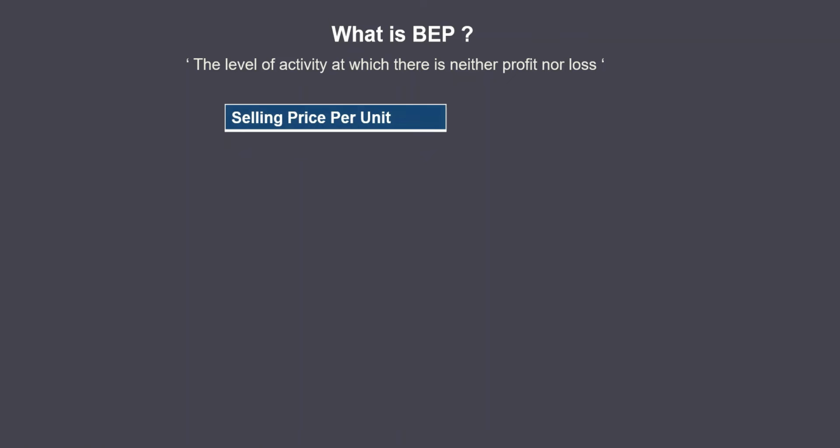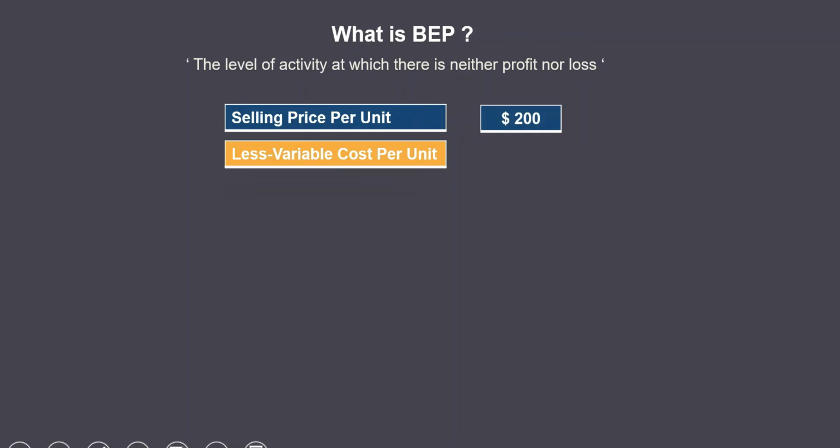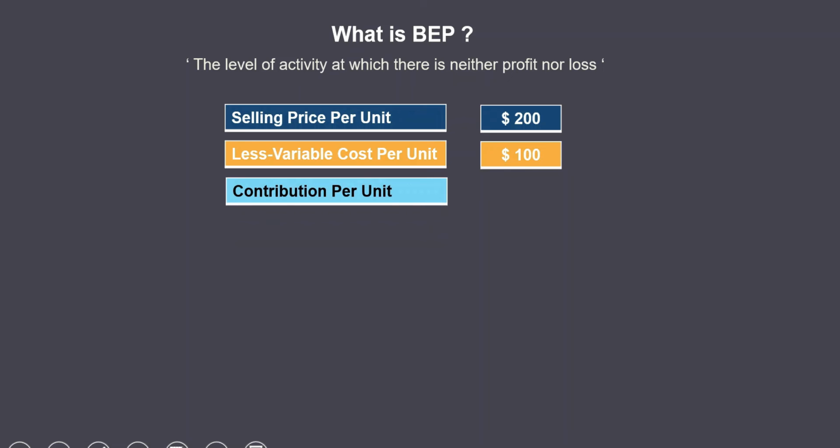Let's say the selling price per unit is $200 and the variable cost of producing that unit is, let's say, $100. So what is the margin or the contribution per unit from producing one unit of that product? It will be $100.